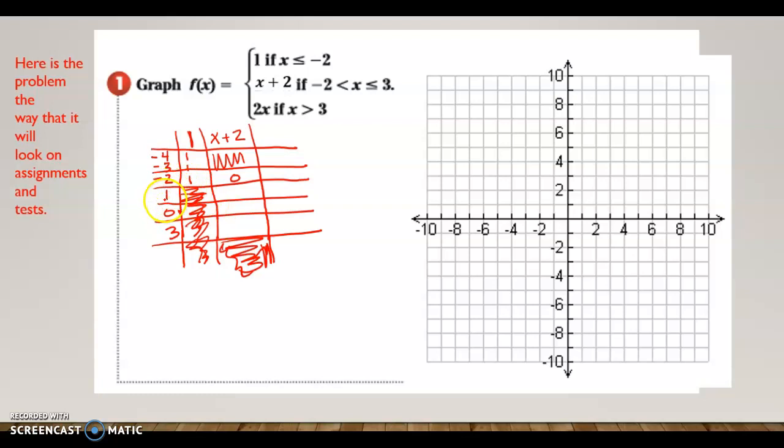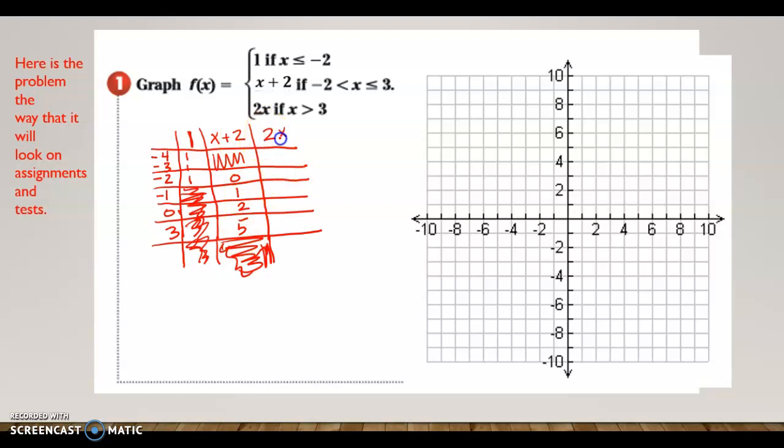So we had 0, -1 plus 2 is 1. -1 plus 2 is 1. 0 plus 2 is 2. And 3 plus 2 is 5. So we've got our points for the next graph.